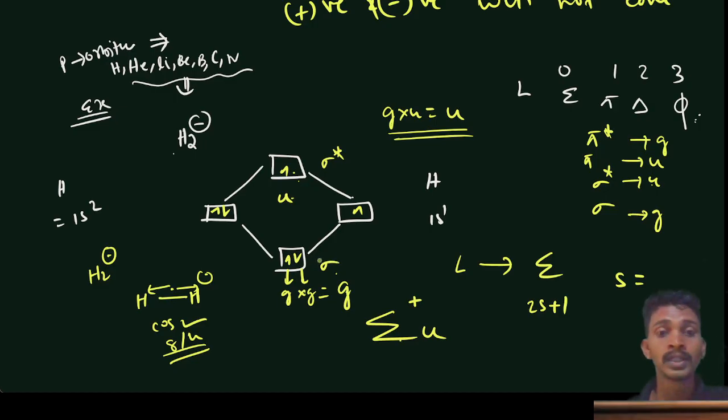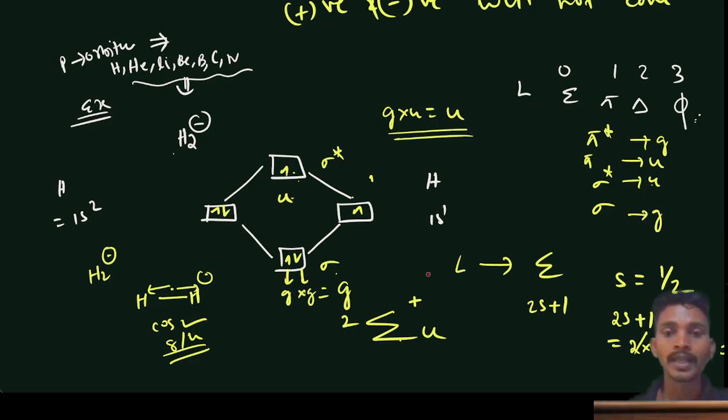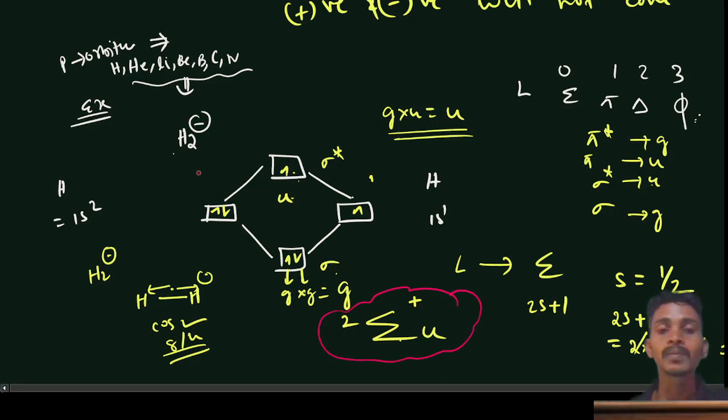So there is 1 unpaired electron, with value half. So S is half, then 2S plus 1 is 2 into half plus 1, which is 2. So this is the term symbol for H2 minus.